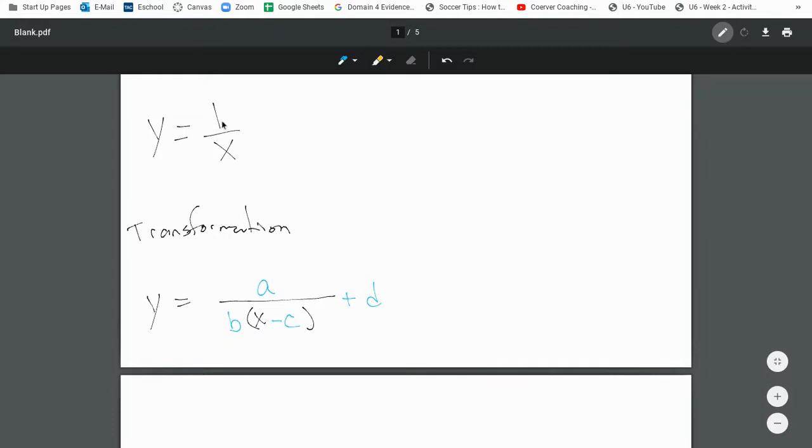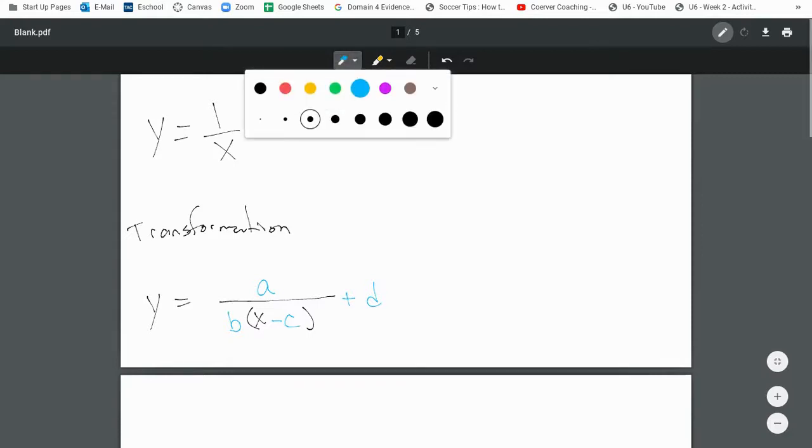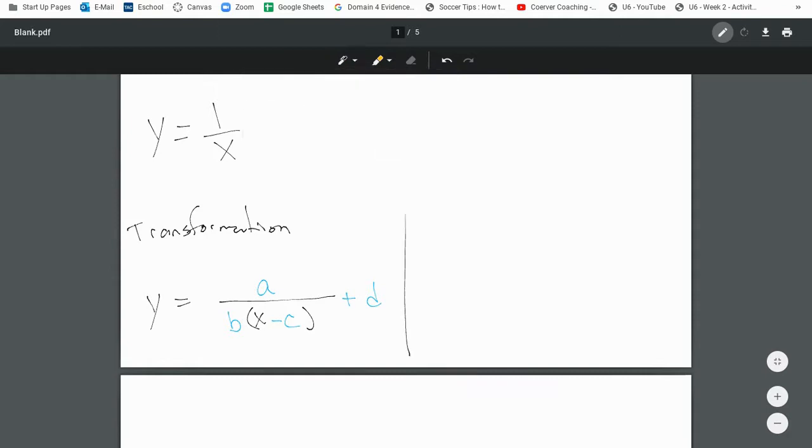And so this is the first parent function, just 1 over x. The second parent function that we look at is y equals 1 over x squared. Now they're side by side, and you can see the difference: it's just the squared.